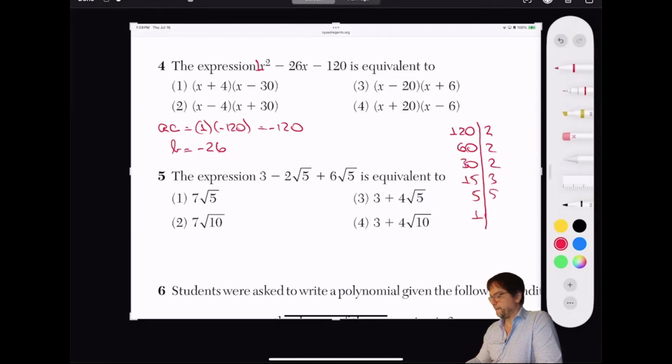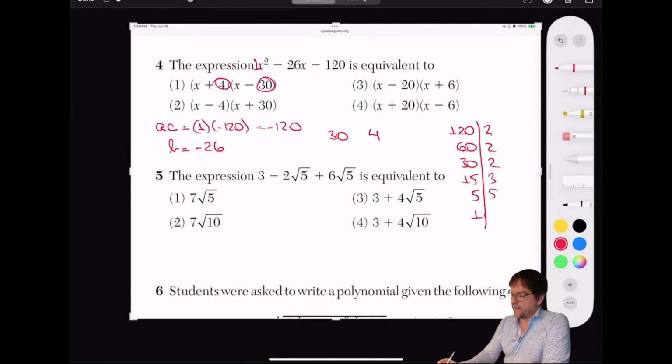Okay? So, as I have minus 26, what could I put to give minus 26? I have a hint here because I have 30 and 4. So minus 26 could be 30 and 4. So I would have a minus 30 and plus 4. Is that okay?